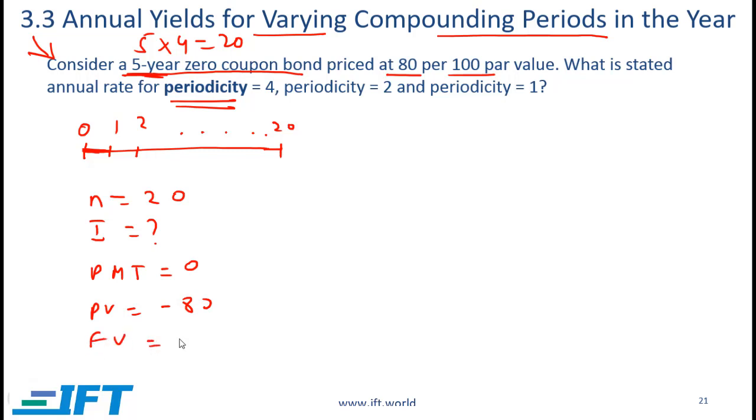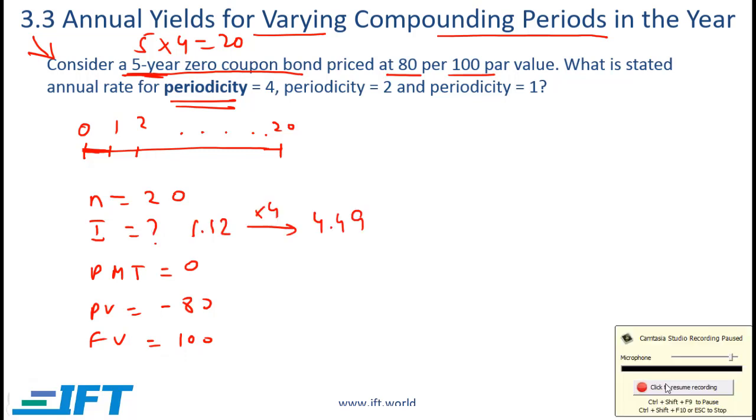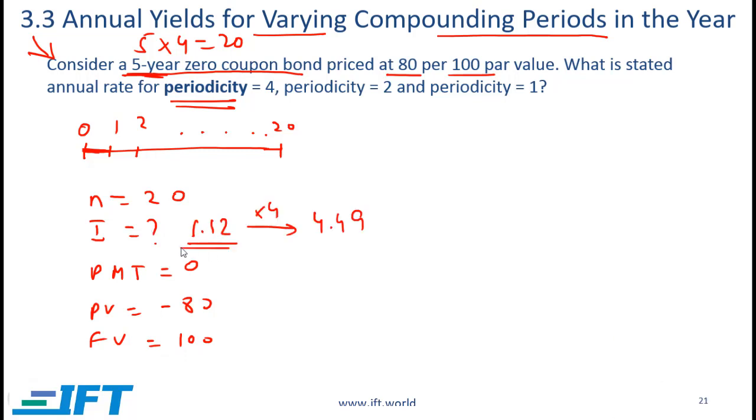FV is equal to 100. And let's come up with I. The interest rate we come up with is 1.12%, which is for 1 quarter. To annualize this, we multiply by 4 and come up with 4.49%. This is the stated annual rate assuming a periodicity of 4.